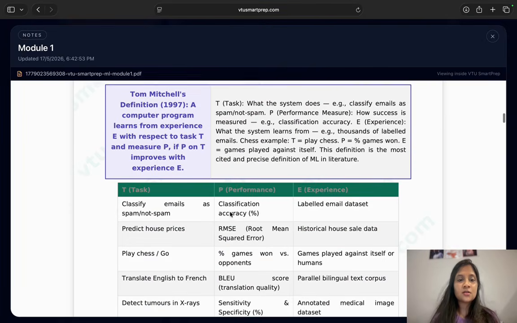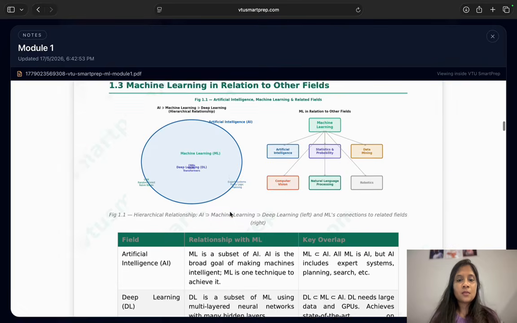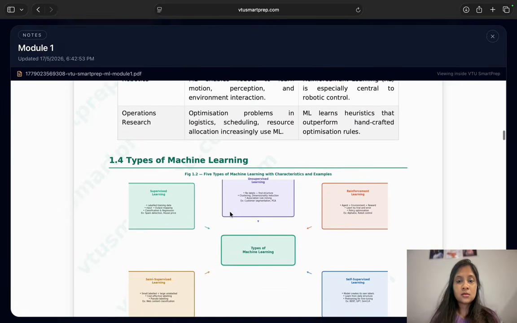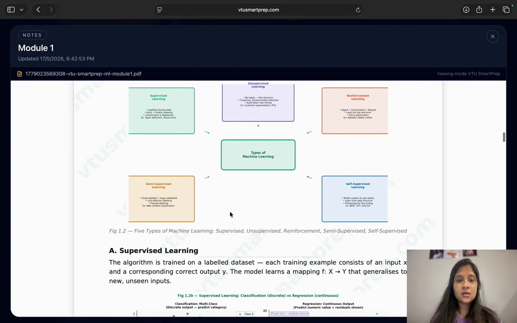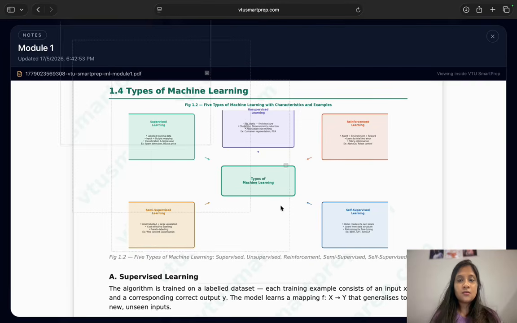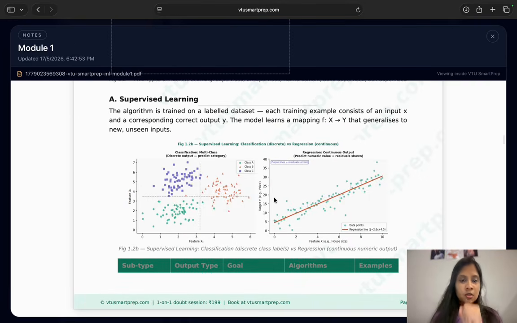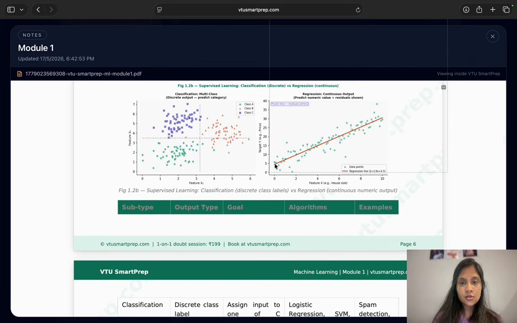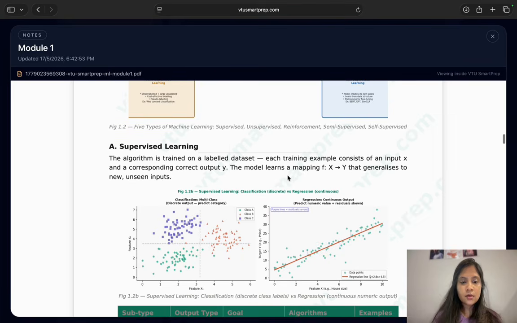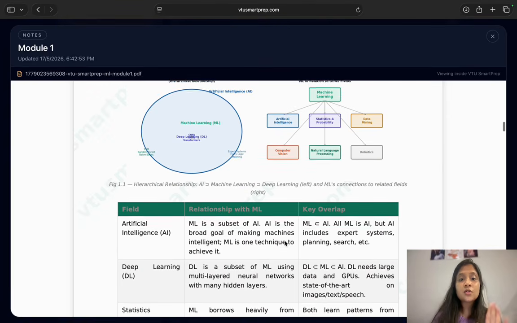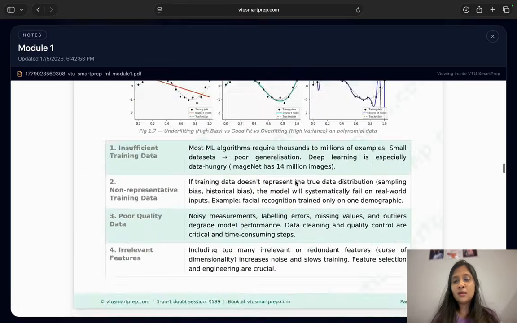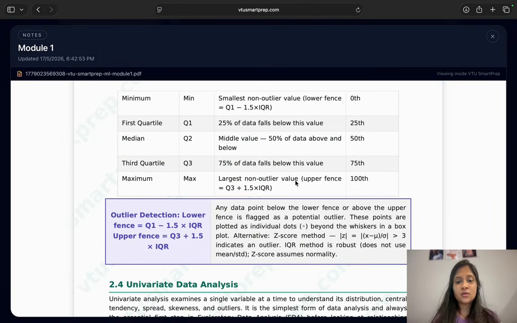If you read this much, you are definitely going to pass. These are regenerated figures and diagrams, so that I do not get a copyright issue. Here you're going to get everything, like what is supervised and unsupervised. These notes are maybe 20 pages, not more than 20.